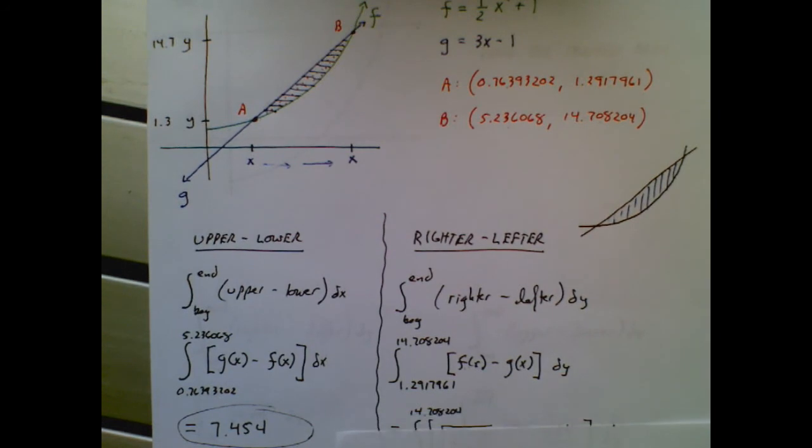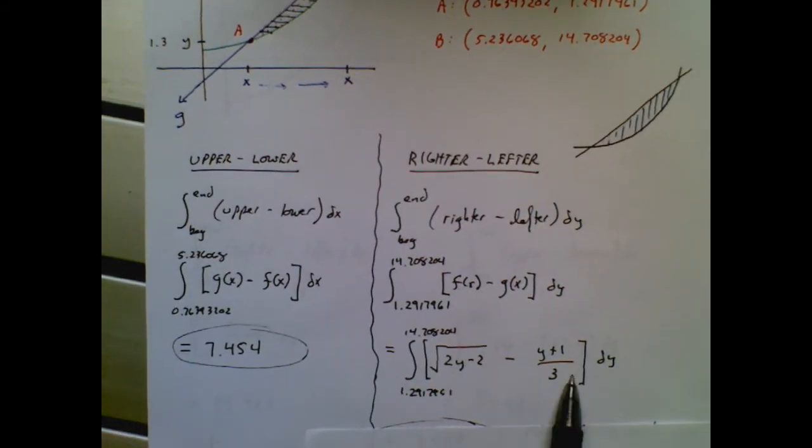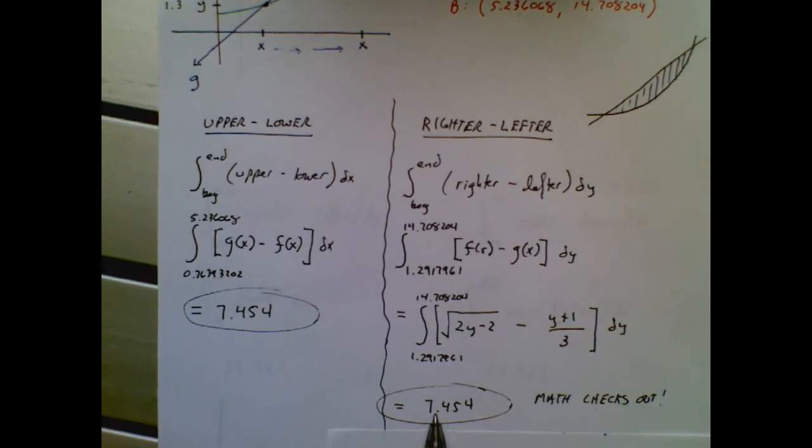I put this into my calculator, and my point is I get the same answer in righter minus lefter as I do upper minus lower, because in this case both of them had a valid set of stripes going across the whole region.